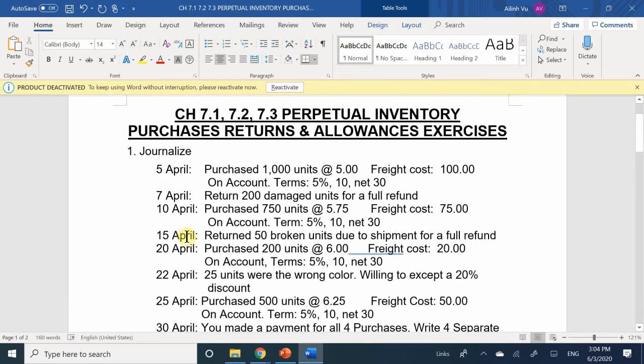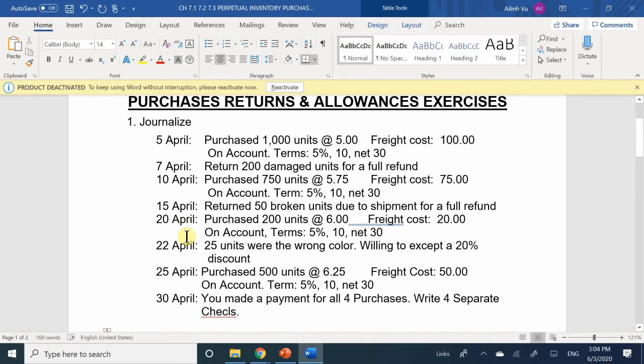And then what happened next? On the 20th of April, they purchased 200 more units at $6 each. Oh, you skipped one. I'm sorry. We returned 50 broken units for a full refund.